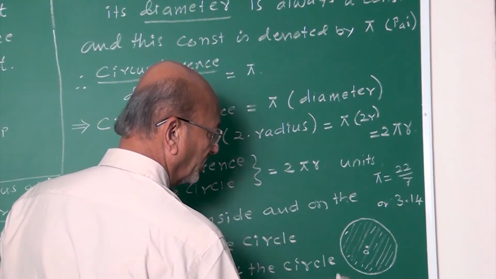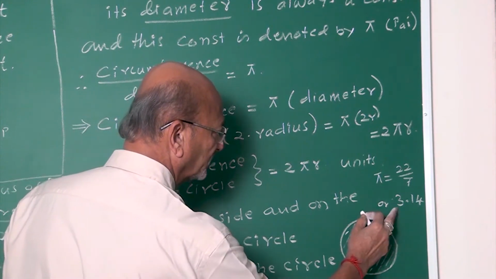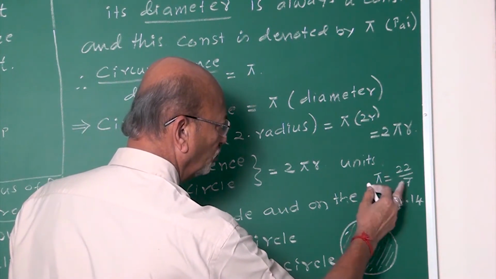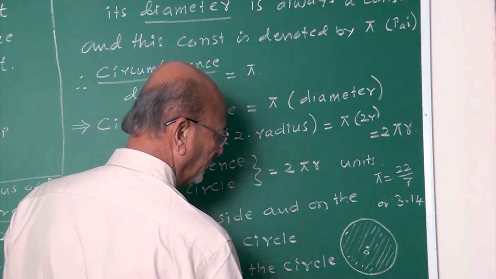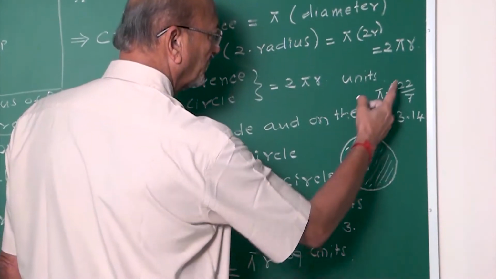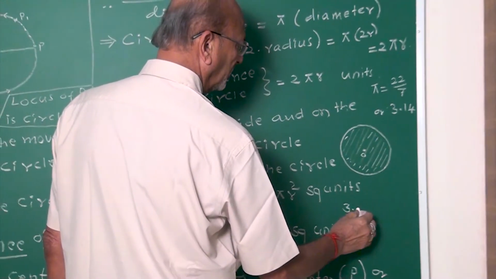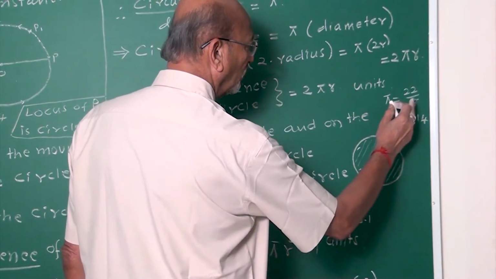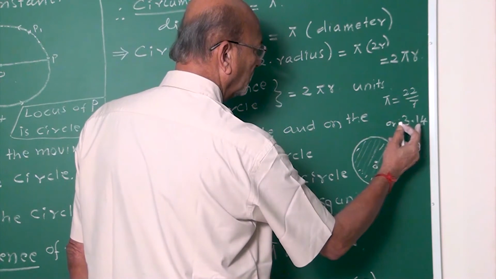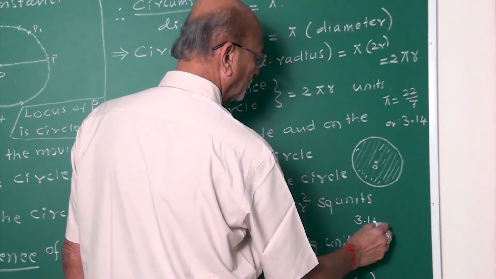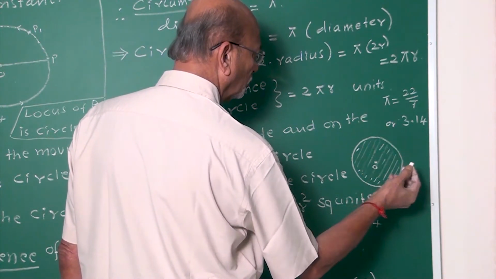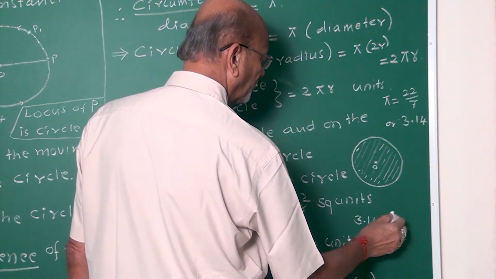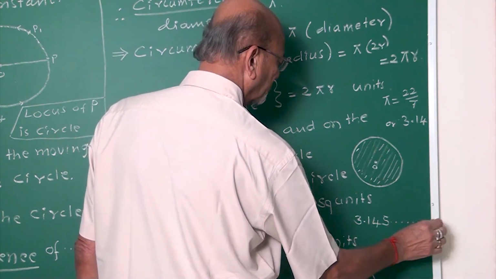See, 22 divided by 7 is 3. Then 1 remains, 10, which gives 1, remainder 3, then 30 gives 4, 28, 20 remains, and it becomes 5. Like this, my friends, it is an endless number.